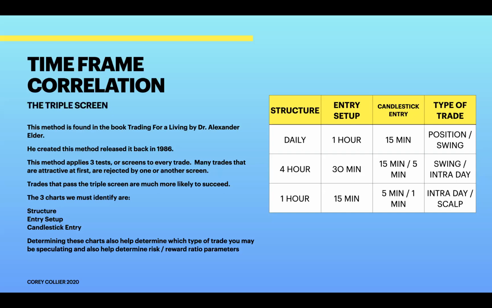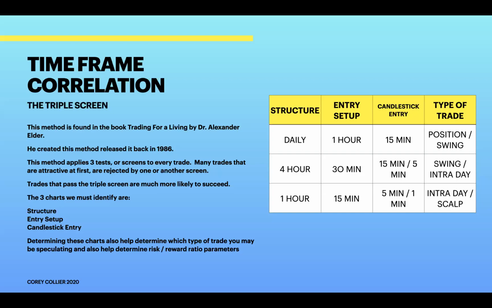Your risk management on this trade, you're not going to have such a wide stop loss like you would on a position trade or a swing trade. You may, don't get me wrong, but if it's more on the intraday side, it's going to be a little bit narrower, right?